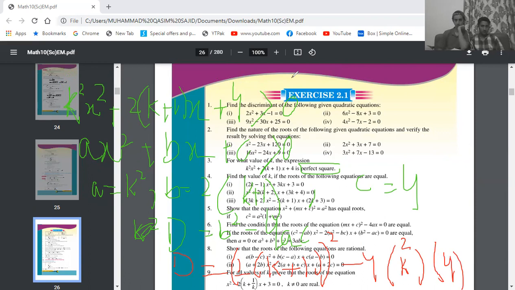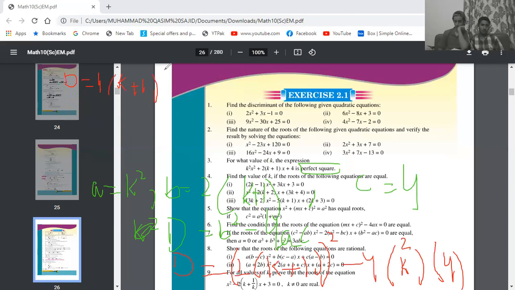Now we have to find a general equation. For this, just solve it. The discriminant must be greater than 0. Discriminant equals 2 whole square, means 2 square equals 4, times k plus 1 whole square, minus 4 times 4 times k square, that is 16 k square.